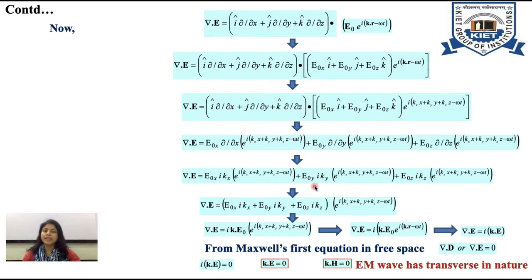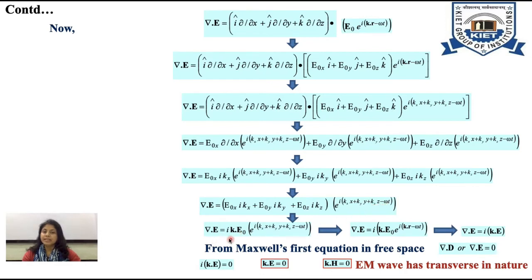Similarly, the y part is E naught y i ky e to the power i (kx x plus ky y plus kz z minus omega t). Similarly, the z part is E naught z i kz e to the power i (kx x plus ky y plus kz z minus omega t). Then del dot E is equal to (E naught x i kx plus E naught y i ky plus E naught z i kz) into e to the power i (kx x plus ky y plus kz z minus omega t).